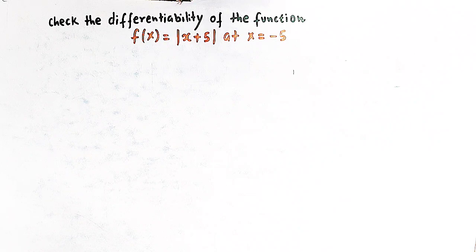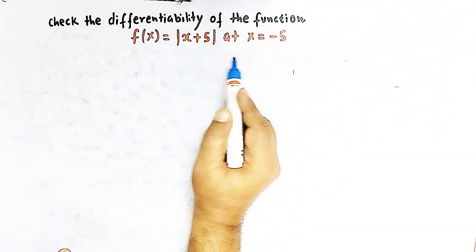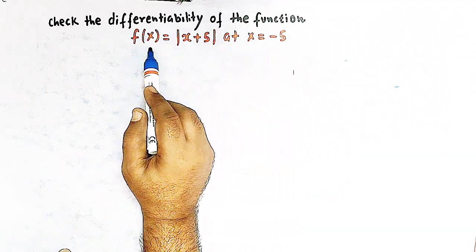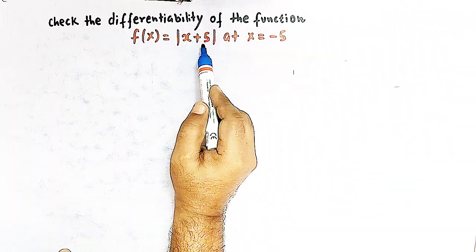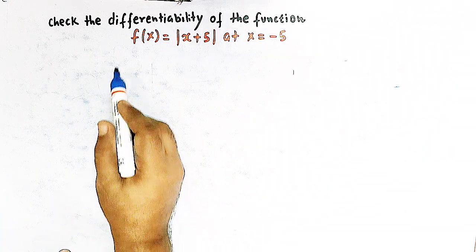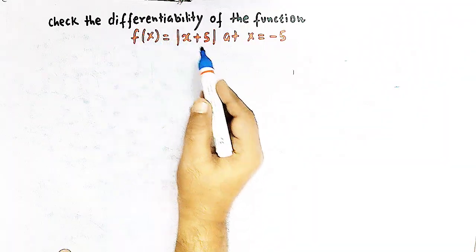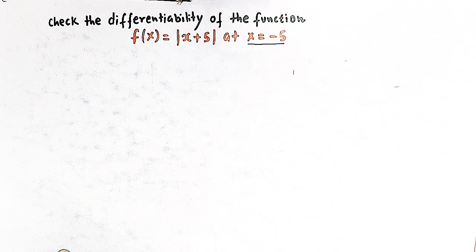Hello viewers, in today's session we are going to discuss another important and conceptual problem from differentiability of functions. Here we are going to check the differentiability of this function f of x, which is given by absolute value of x plus 5, and we have to examine whether this function is differentiable at x equal to minus 5.